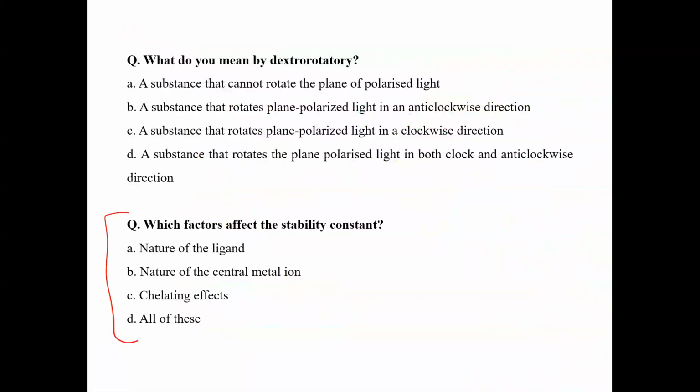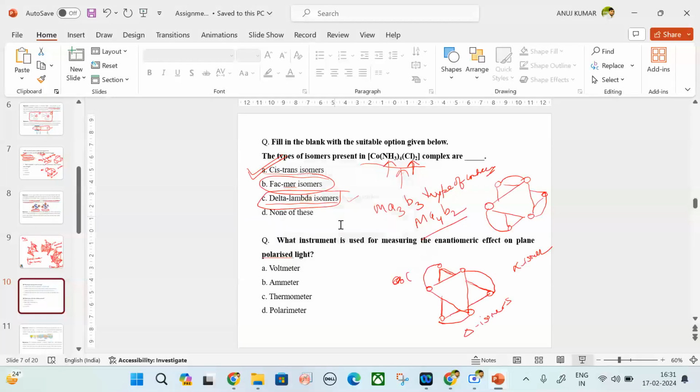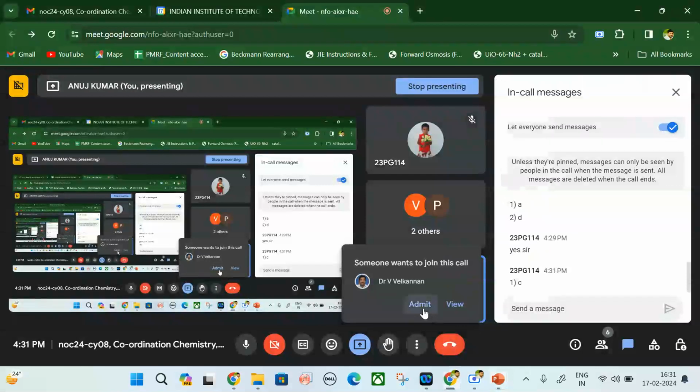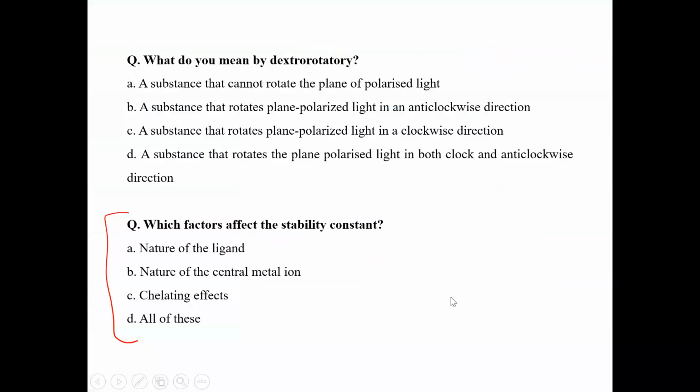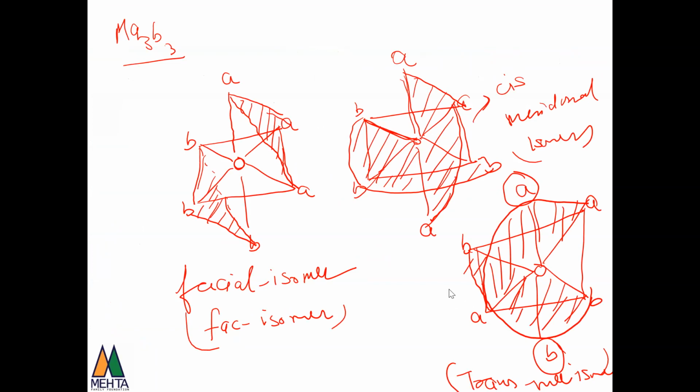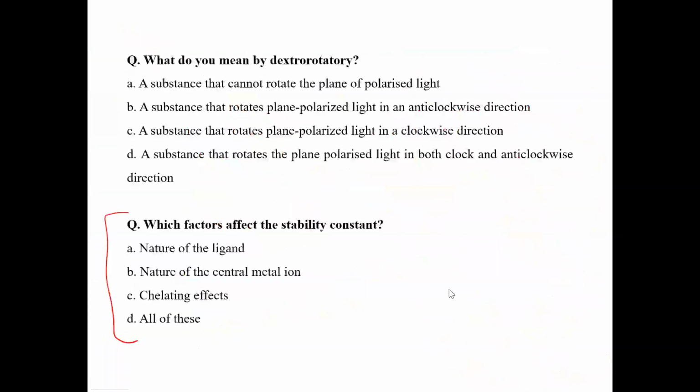Okay, so just try these problems. I will be waiting for 2 minutes for your answer. This is just basic questions related to your theory part. Okay, try to give the answers.